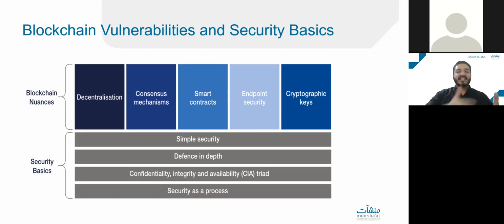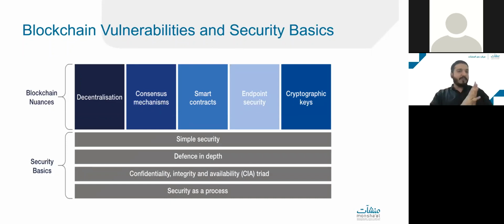We can put security groups in between, firewalls, ACLs, different IDS, so that different layers of security are maintained and we have a secure network. And then we talk about simple security: we don't want to put in something very complex. Use a hashing algorithm or something which has already been tested, so that we make our design very simple and can control that part.